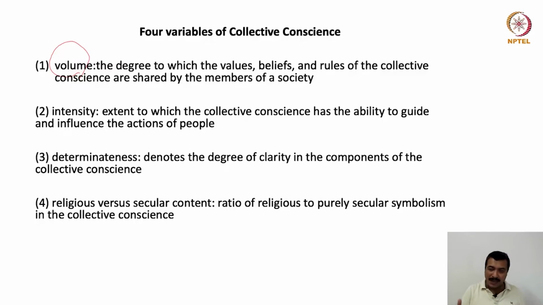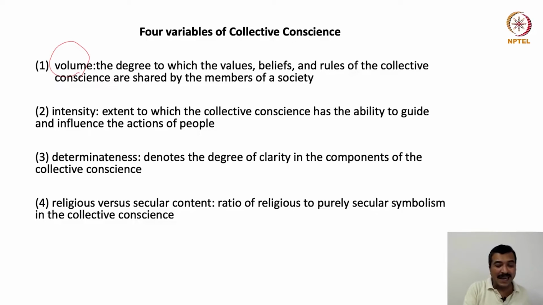Can we categorically say that everybody in the particular society believes in that, so that the volume of this collective conscience is so high that it does not leave out anybody? There is virtually no person who is not part of the collective conscience. Or can we say that this volume is not very high, it is very thin, and there are a lot of other people in the society who do not believe in that? So this is one of the questions.